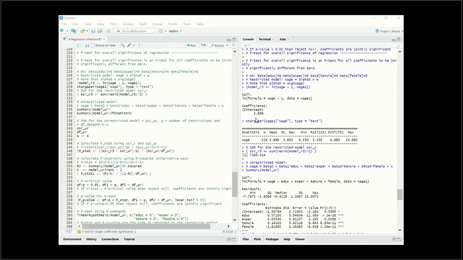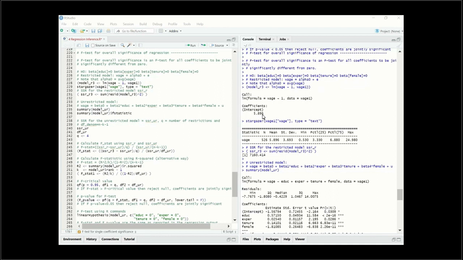The only coefficient is on the intercept, so this is 5.89. And so here we can use stargazer to look at the dataset and summarize the wage variable. If we summarize the wage variable, this is the same mean as this intercept.